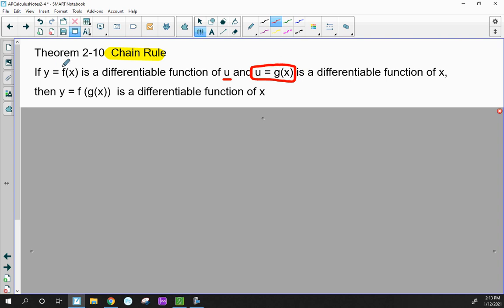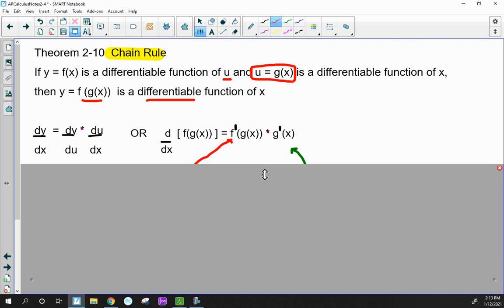So if y is equal to f of u, a differentiable function of u, and u is equal to g of x, a differentiable function of x, then the composition of those, f of g of x, is also differentiable. And so basically, if I can find the derivative of f, and I can find the derivative of g, then it makes sense that when I compose them, I should be able to find the derivative of that composition.